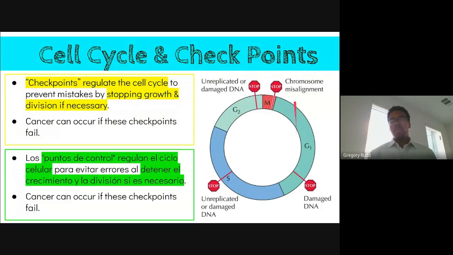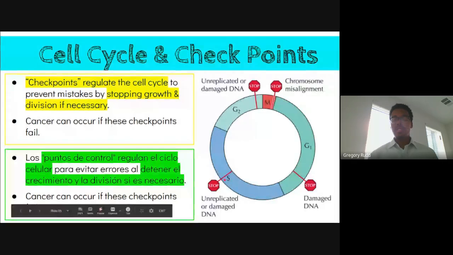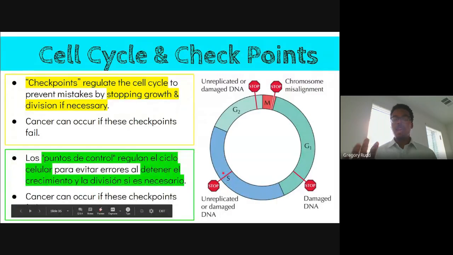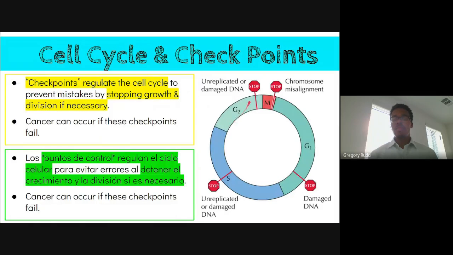So along the cell cycle, there will be these checkpoints to say, uh-oh, if something's wrong at this point, then we're going to stop. Don't divide. Don't grow any further. But if you're good, okay, now you can move on into synthesis. If something's wrong here at synthesis, well, we're going to stop. You can't divide. You can't grow any further. But if everything's good at this point, then we move on to G2.